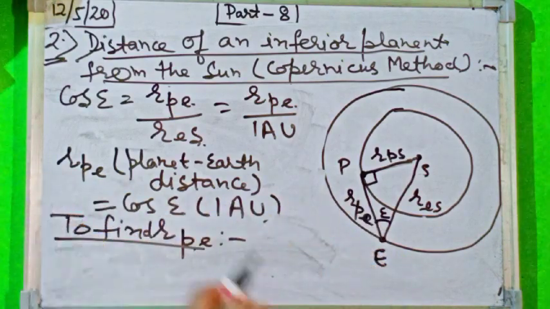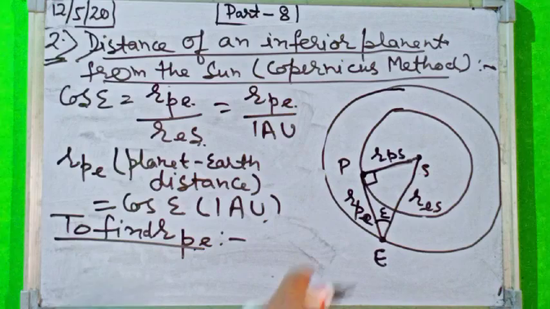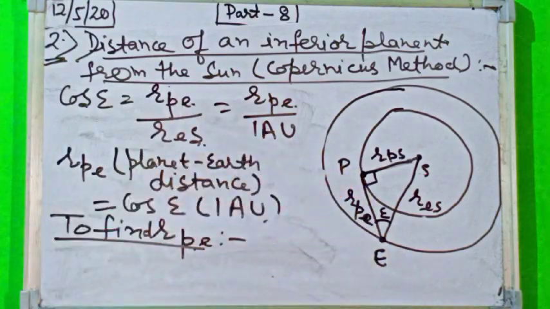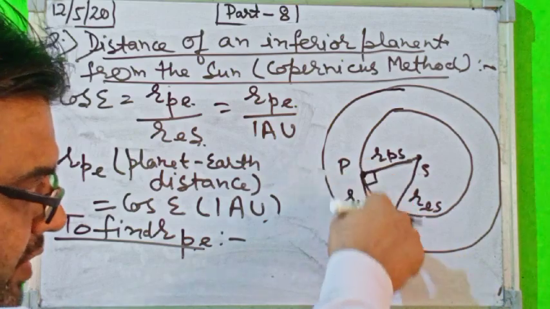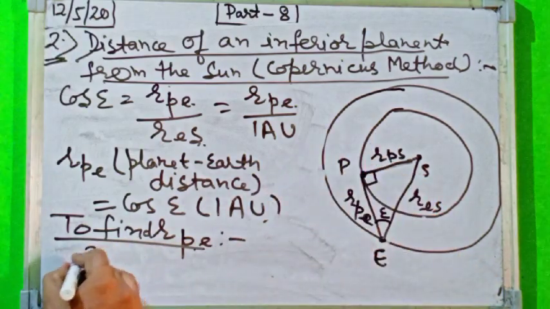As you know, radar is a device which sends radio signals. So from the surface of the earth, a radio signal is sent to this planet, and suppose the radio signal returns in time t. The signal will go to point P and then return, so it covers a distance of 2 RPE.